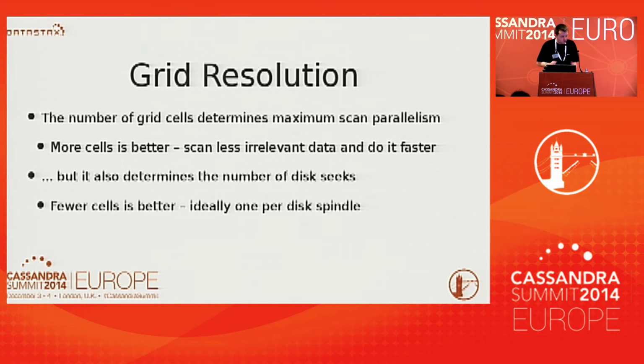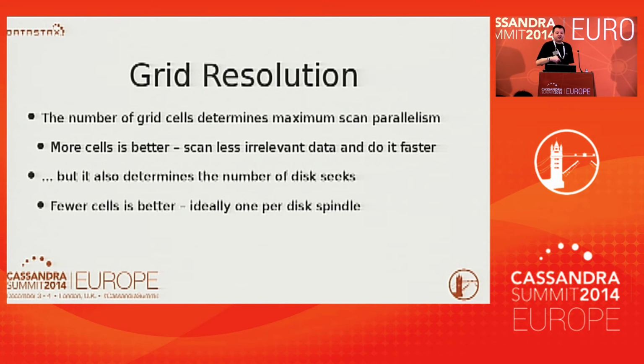So we see that there's a huge range of results we can get there according to what the grid resolution is. So clearly this is a critical tuning parameter for this kind of application. And the fundamental trade-off you're looking at is that the number of grid cells determines really your parallelism, because you're dealing with wide rows in the database, your partition key is the grid cell.